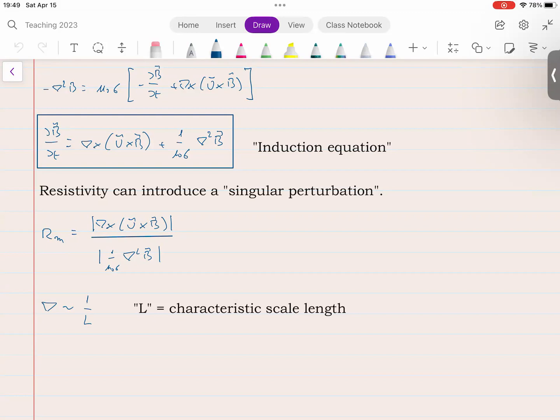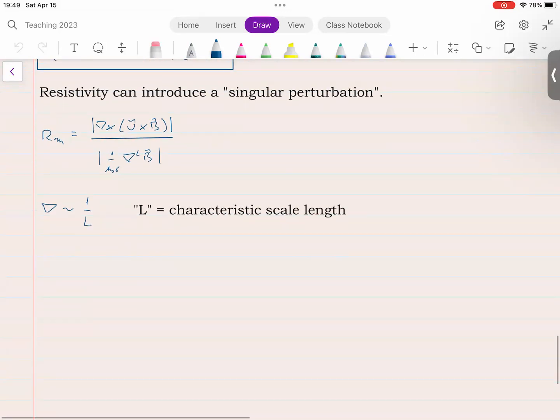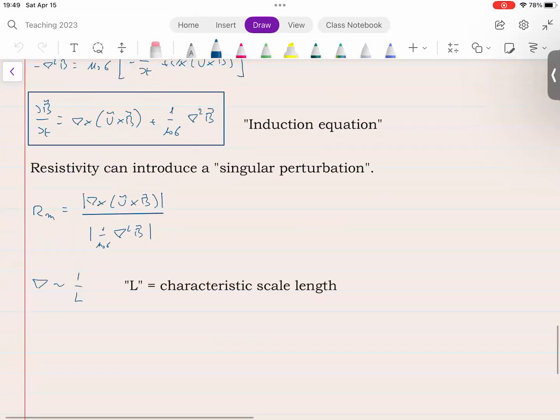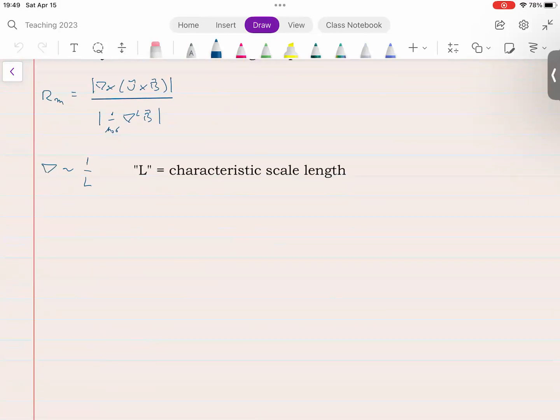If we do that, we can estimate the number that we have up here to be of the order of 1 over L times the norm of U times the norm of B, getting rid of the vector symbols to indicate that these are norms, divided by 1 over mu naught sigma times B over L squared. That's a sigma, not an L. Sorry about that.